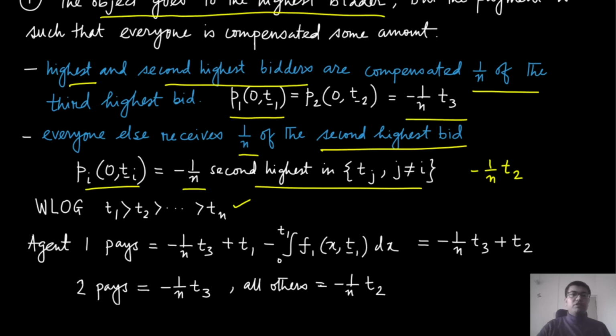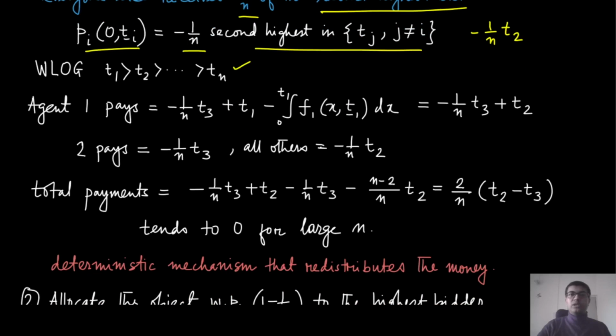This will happen for all the players except player 1 and player 2. Now we can calculate the total payment. We know that agent 1 pays, so this is the first term, that is p1 0 comma t minus 1.